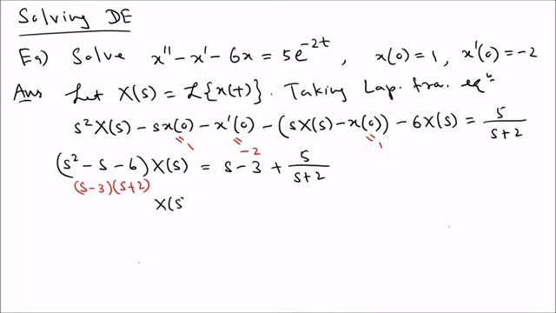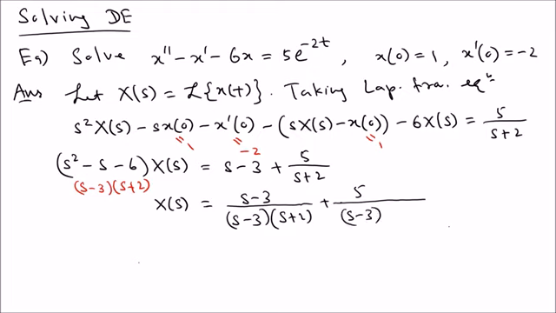When you divide, we have s minus 3 here, and then s minus 3 times s plus 2, plus 5, over s minus 3 and s plus 2, and there's another s plus 2 already over there. So that means this can be s plus 2 the whole thing squared. And the interesting thing is that sometimes this gets cancelled, so it simplifies well, and we only need to find one partial fraction.